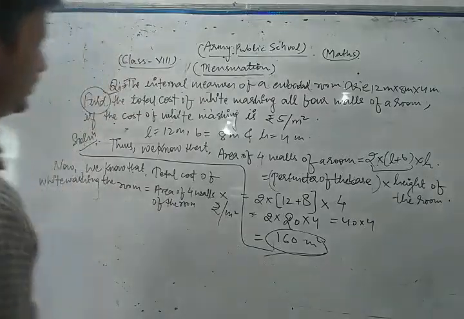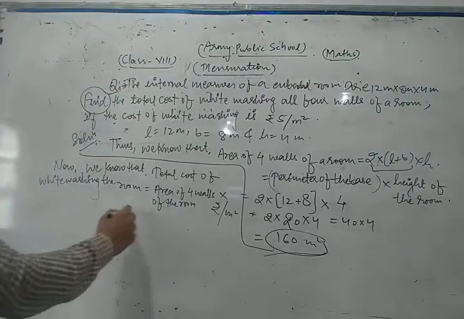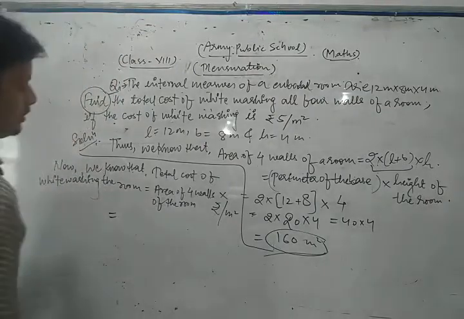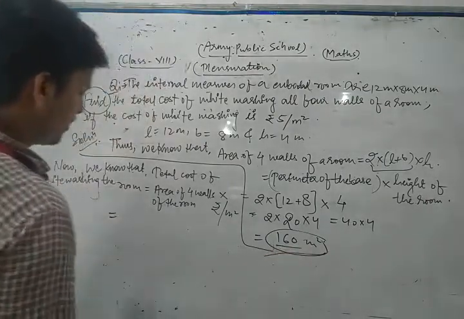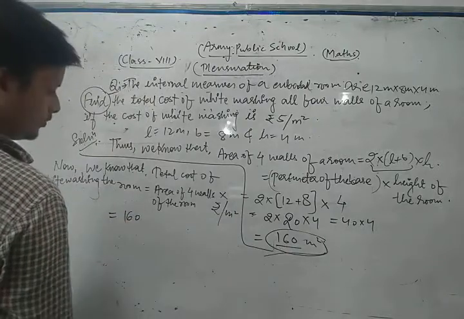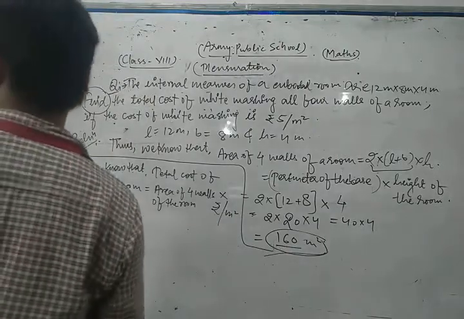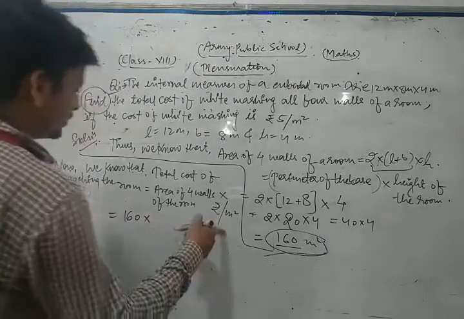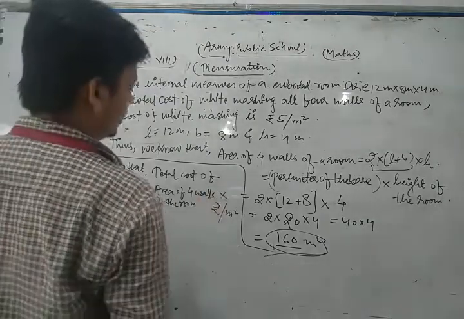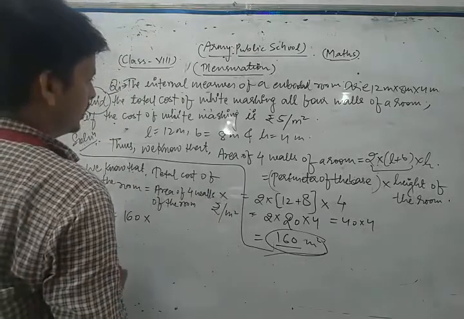Now look at the area of four walls which we found here. This is 160, into rupees per meter square. Rupees per meter square is 5 now.